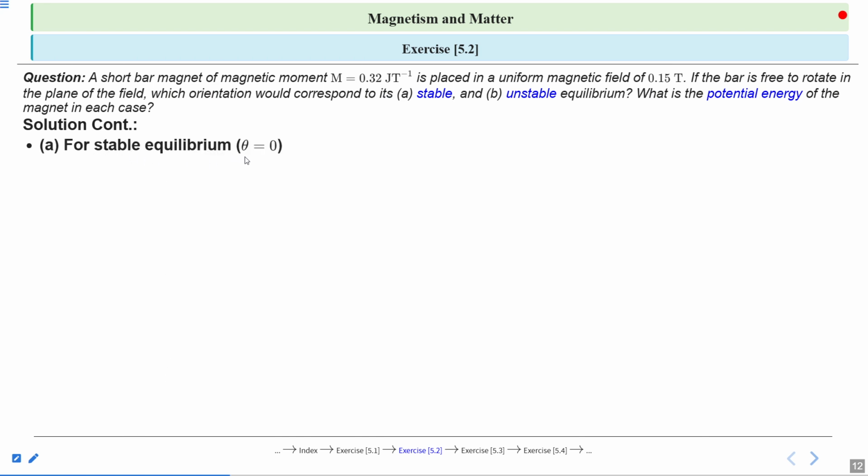For stable equilibrium, theta is equal to 0. The potential energy of the system will be equal to minus MB cos 0 degree, that is minus MB, because cos 0 degree is 1.